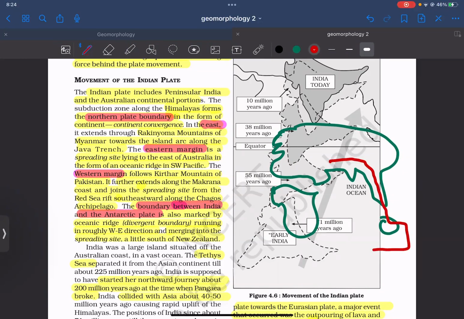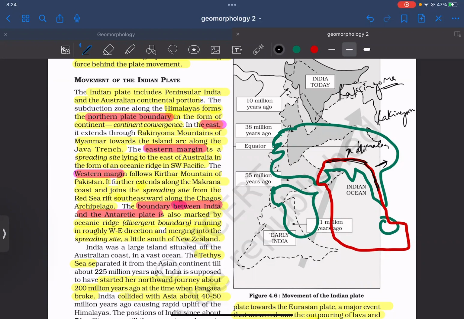The red part is the boundary of the Indo-Australian plate. If you look at the northern part, it is formed by the Himalayas. Eastern part is Myanmar. This is Rakhine Yoma mountains. Yoma means mountains only. Rakhine Yoma mountains of Myanmar.